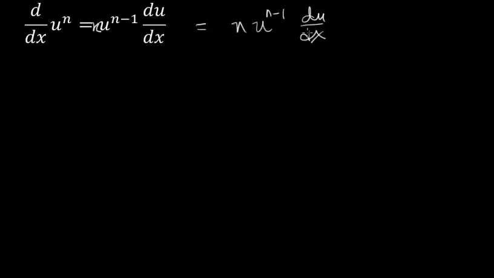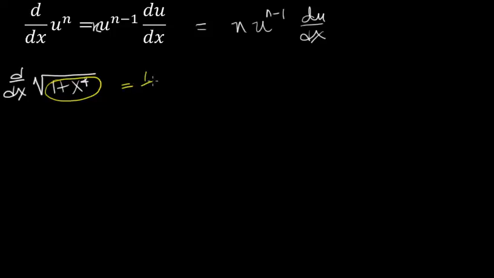Okay, so let's use this and do some examples. Let's say you're given this problem here. The derivative with respect to x of the square root of 1 plus x to the 4th. So we see our function u here is 1 plus x to the 4th, and our outside function is the square root function. So the derivative of the square root function is 1/2 u to the minus 1/2.